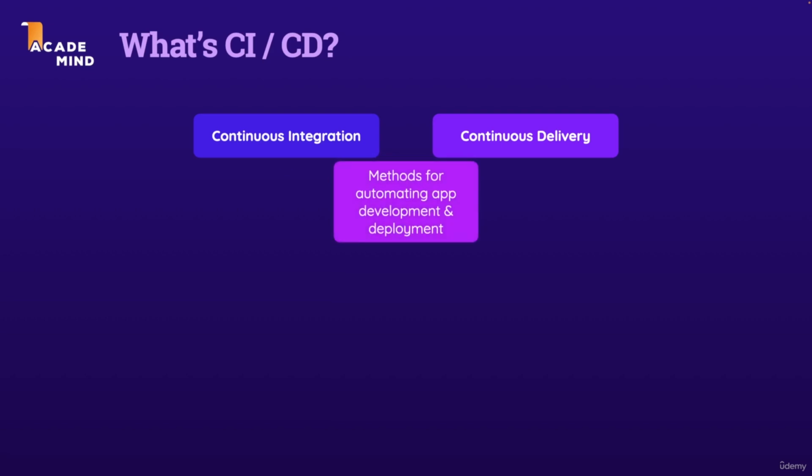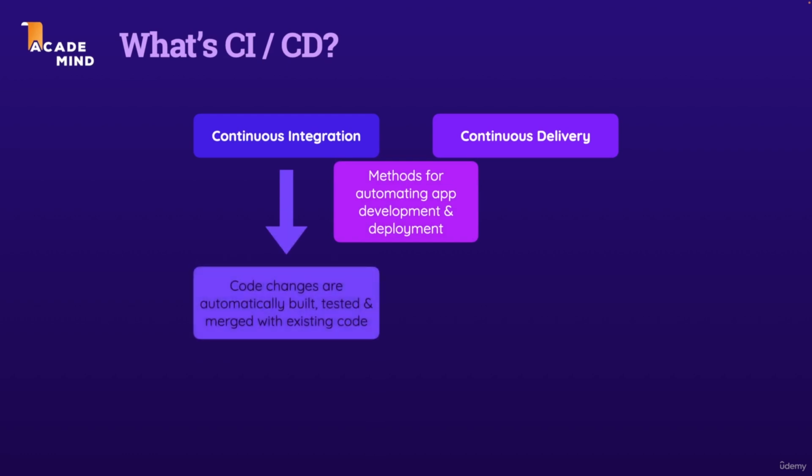Continuous integration is all about integrating new code or code changes into an existing code base by building that code automatically, by testing it automatically, and by then merging it into existing code.